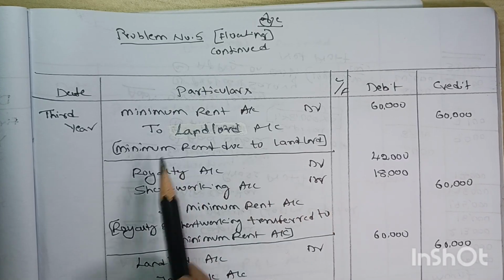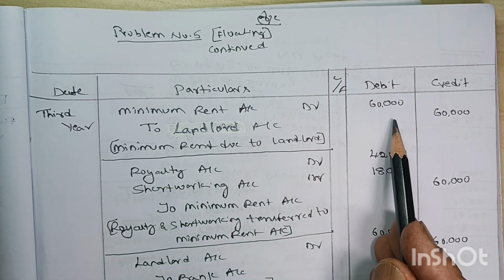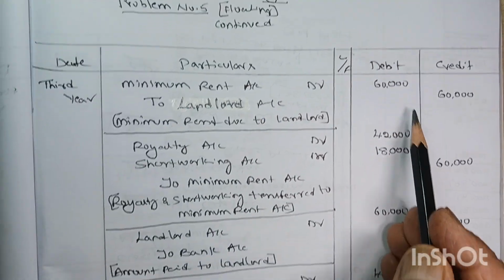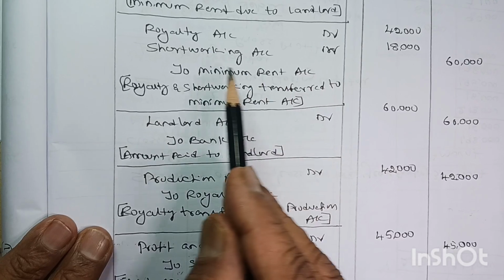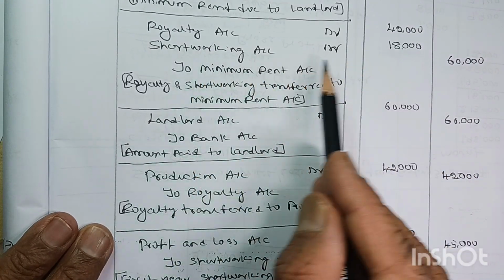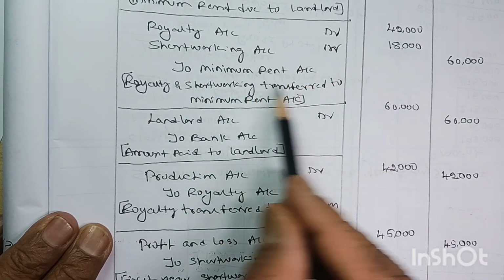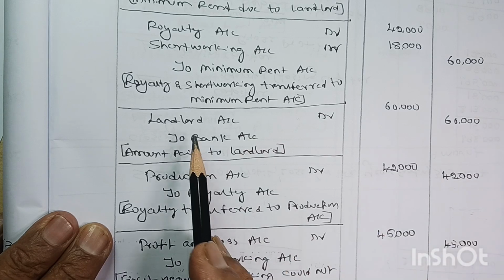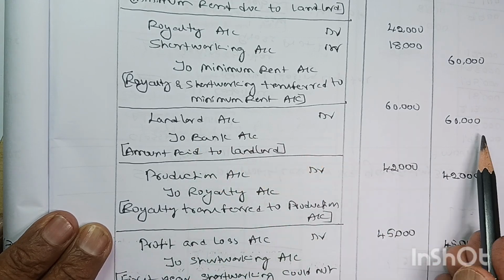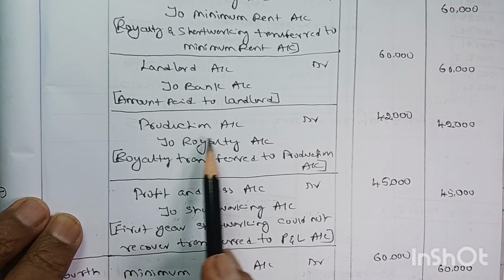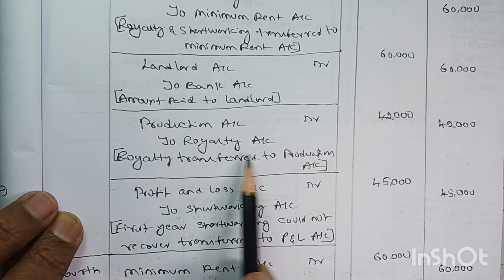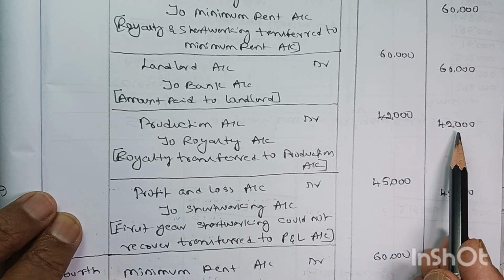Now third year, minimum rent account debtor to landlord account 60,000, 60,000. Royalty account debtor 42,000, short working account debtor 18,000 to minimum rent 60,000. Then landlord account debtor to bank account 60,000. Production account debtor to royalty account 42,000, 42,000 closed.